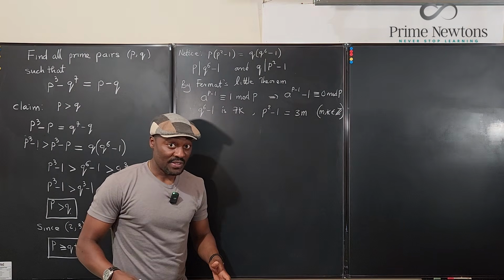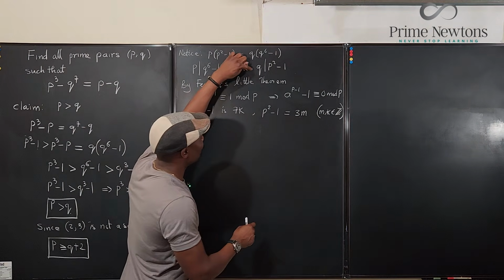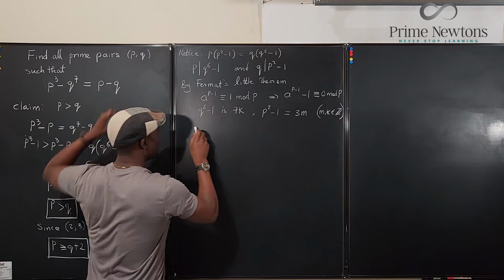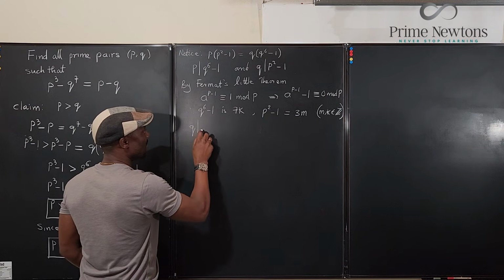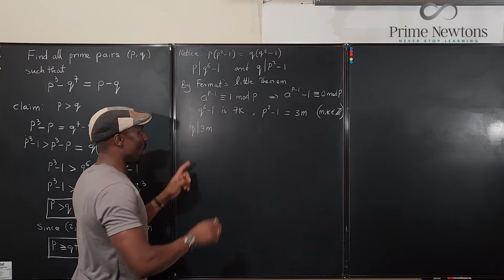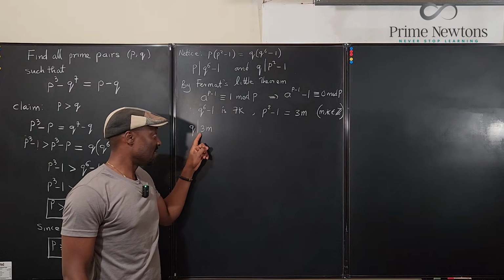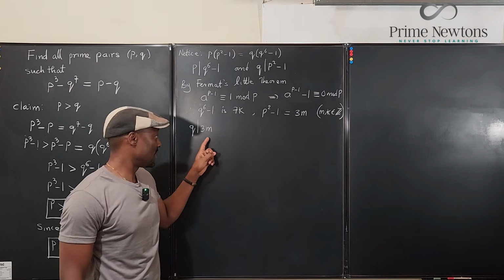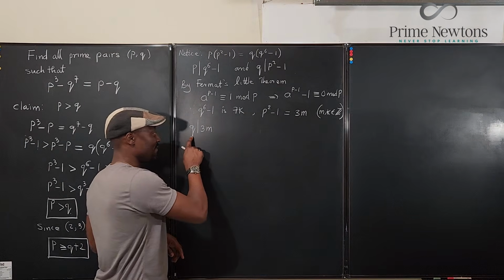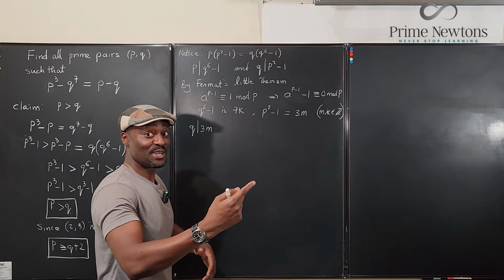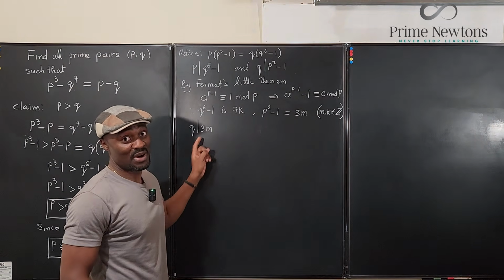Okay, so at this point, I can connect this with this and say that q divides 3m. When a prime number divides a product, the prime number must divide either of the two numbers, especially with this 3. And if a prime number divides another number which is a prime number, they must be equal.